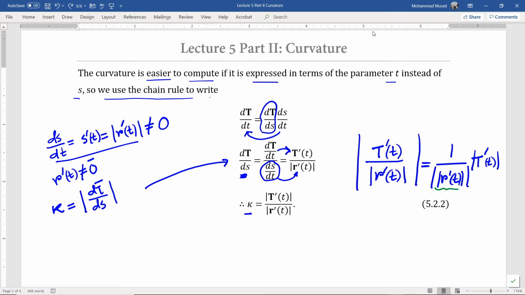Since this quantity here is strictly positive, its absolute value is simply the magnitude of r prime. So we get the expression for the curvature as written in equation 5.2.2.